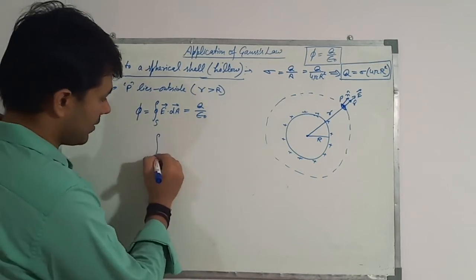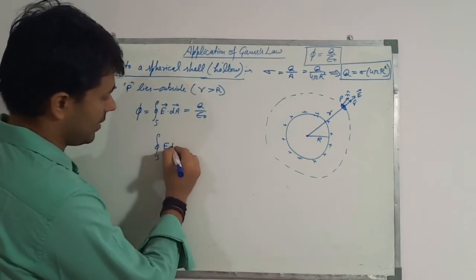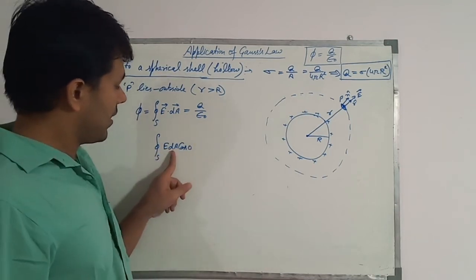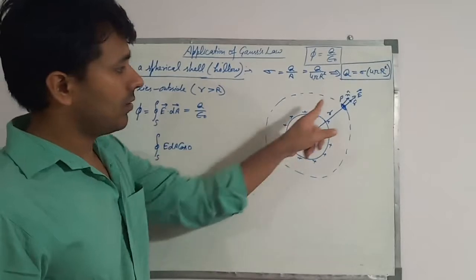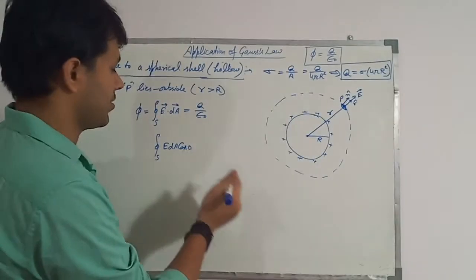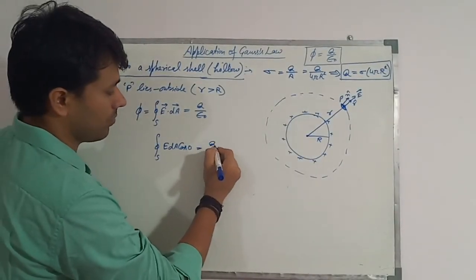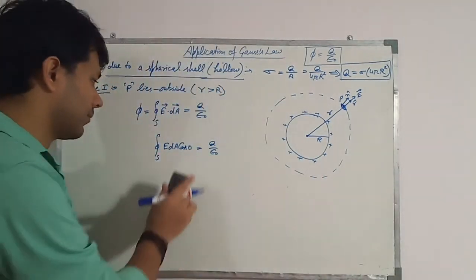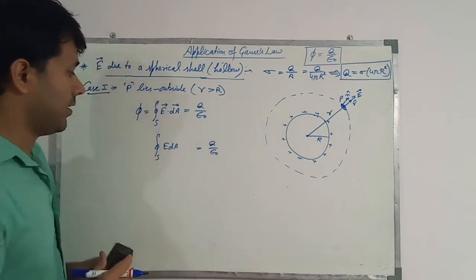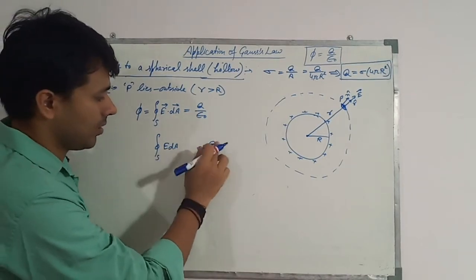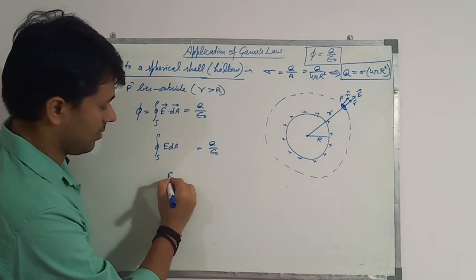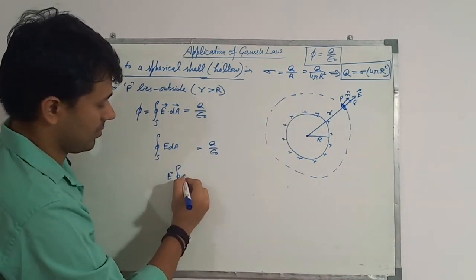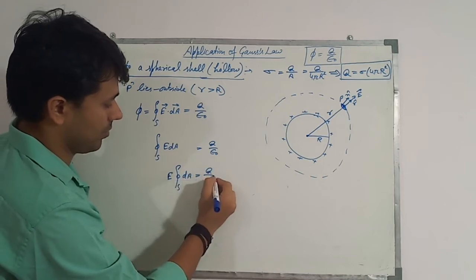We can write it like this: closed surface E dA cos 0, as the area vector and E are in the same direction, equals Q upon epsilon naught. Cos 0 is what? 1. We can remove it. E dA equals Q upon epsilon naught. E is constant everywhere on the Gaussian surface. That's why the integral of dA is equal to Q upon epsilon naught.